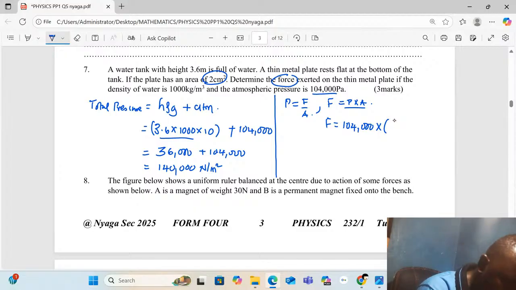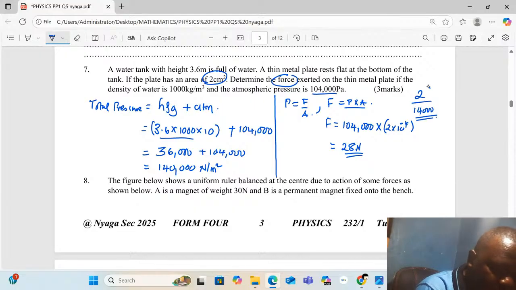Therefore, this will be times 2 times 10 raised to the power negative 4, and this will land us to 28 newtons. This is like saying 2 square centimeters divided by 10,000, so that we get our area in meters squared.